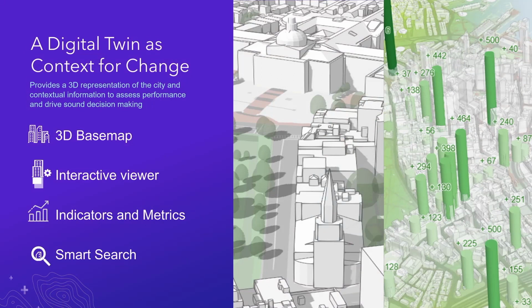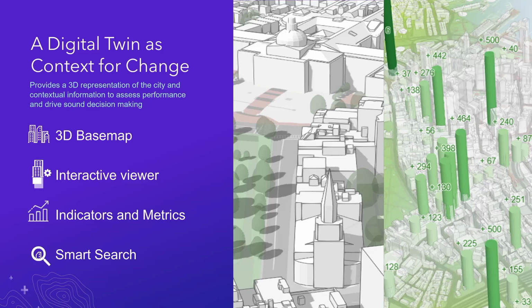The first one is providing this digital twin as a context for change. So it's a place where you can collect your 3D base map, your buildings, your trees, all your zoning polygons, your parcels, your overlays, all together in one place, and it becomes a system of record for zoning and a system of context for your 3D information.